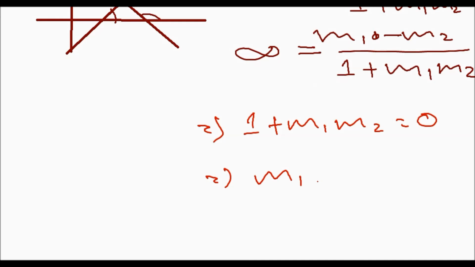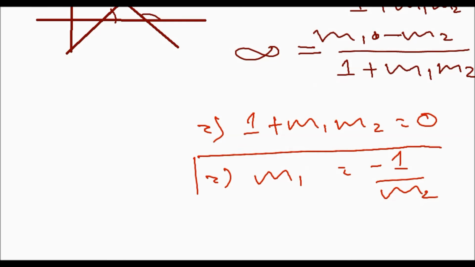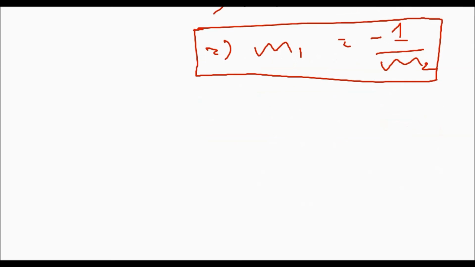So m1 is equal to minus 1 by m2, and this is another relation between the slopes of two perpendicular lines.